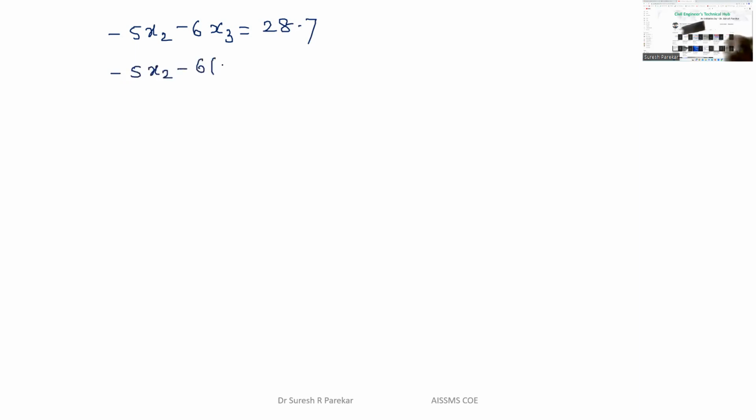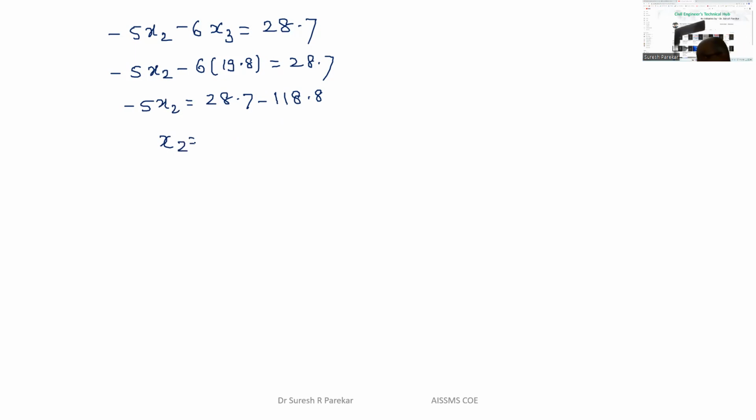So minus 6, and we have this value as 19.8, equal to 28.7. So we have minus 5x2 equal to 28.7 minus 118.8. And from this we will get x2, that is equal to minus 28.7 divided by 5.